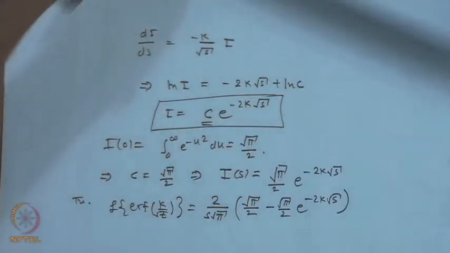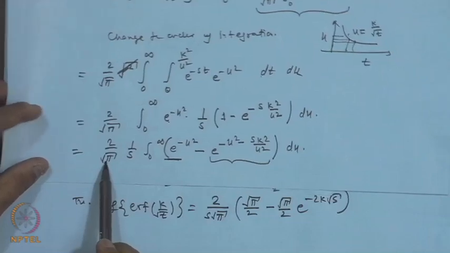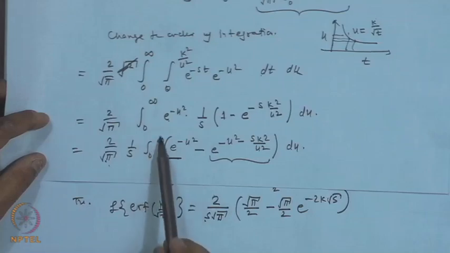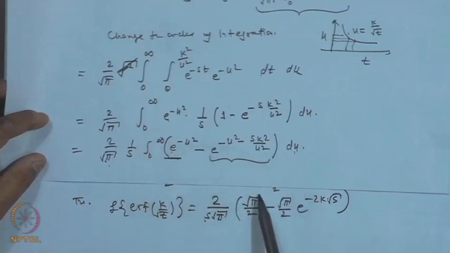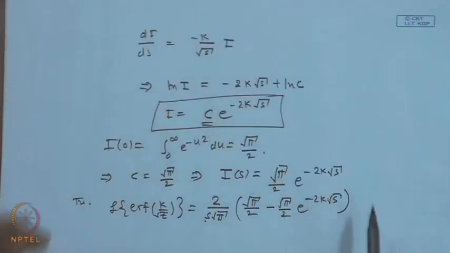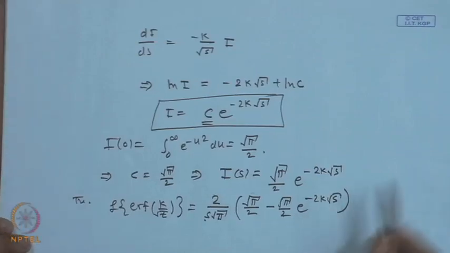So, we had here the error function, and we have 2 over square root pi sitting there, 1 over s, and the integral value from 0 to infinity of e to the minus u squared du will be square root pi over 2, and minus this integral we have evaluated: square root pi over 2 and e to the minus 2k square root s.